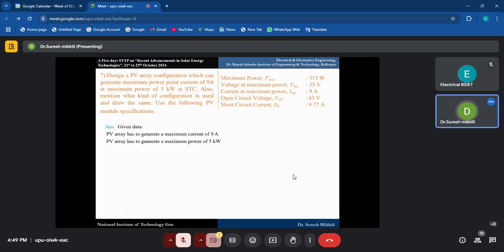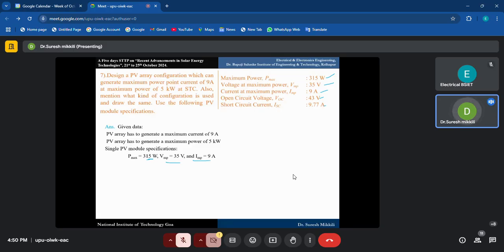He has given VOC 43, ISC 9.77. IMP of one module is 9 amperes. VMP of one module is 35 volts. One PV module generates power of 315 watt, voltage of 35 volts, and current of 9 amperes.